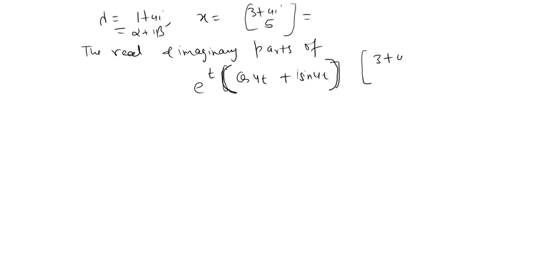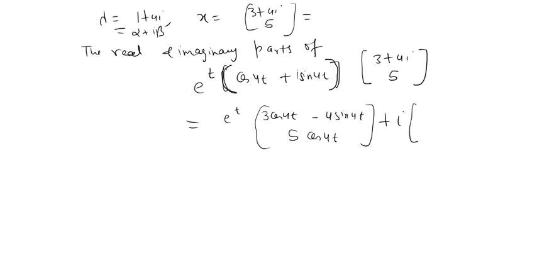So 3 plus 4 iota, 5. Write its real and imaginary parts. The real part will be e power t times 3 cos 4t minus 4 sin 4t, and 5 cos 4t, and the imaginary part is e power t times 3 sin 4t plus 4 cos 4t, and 5 sin 4t.